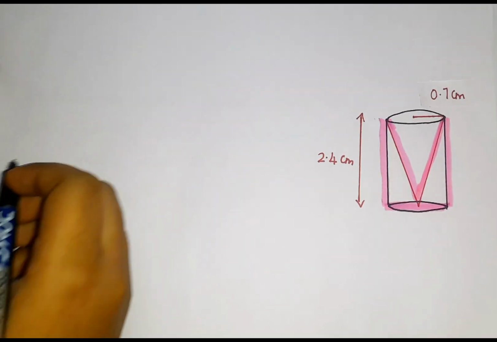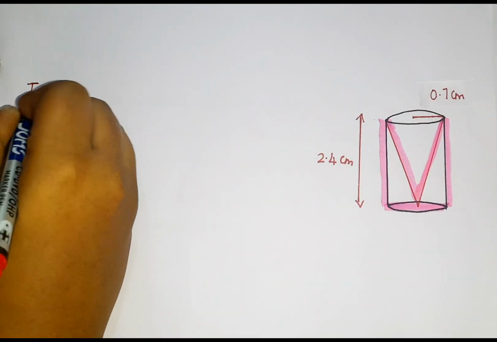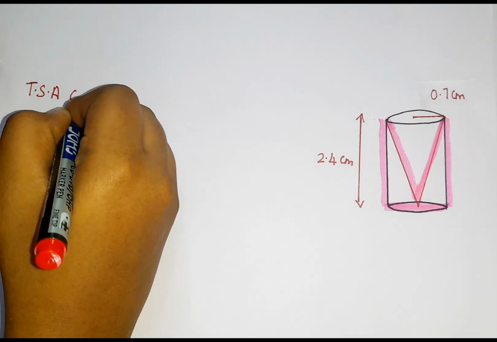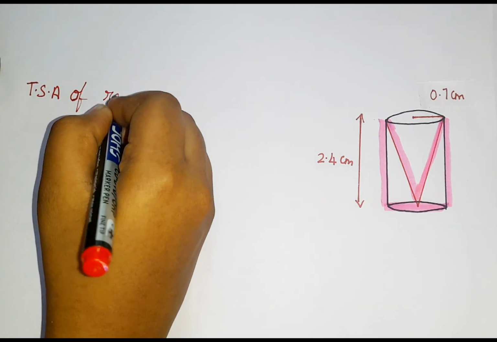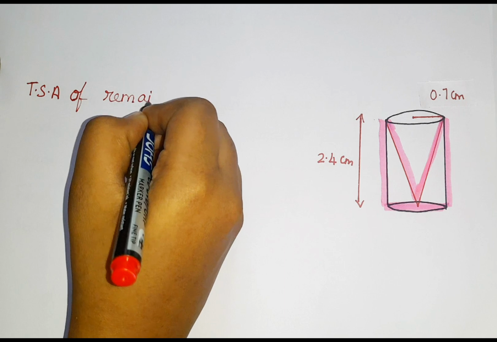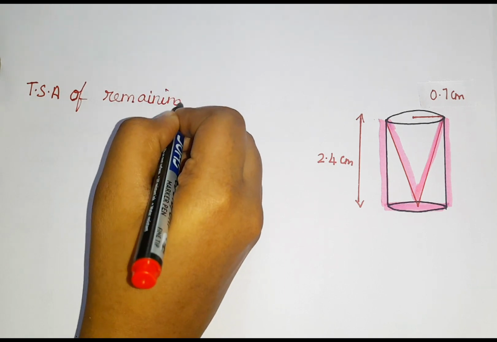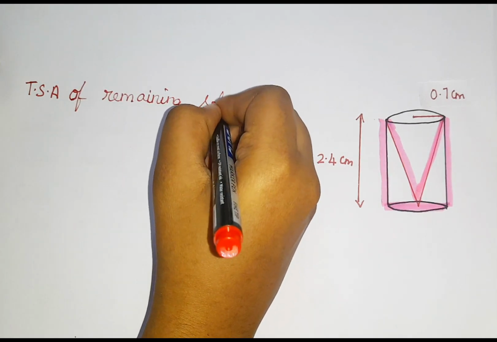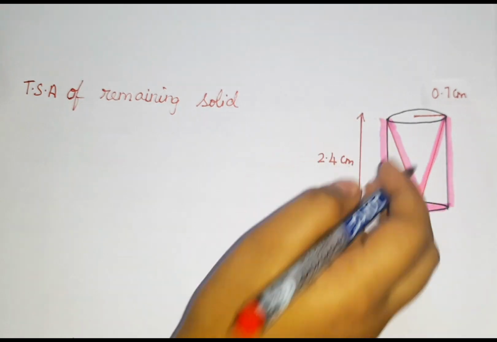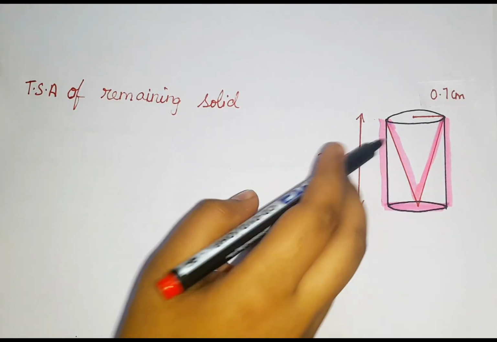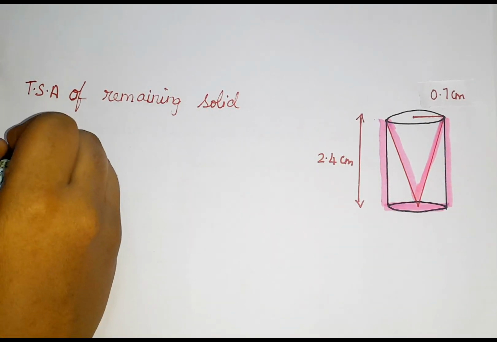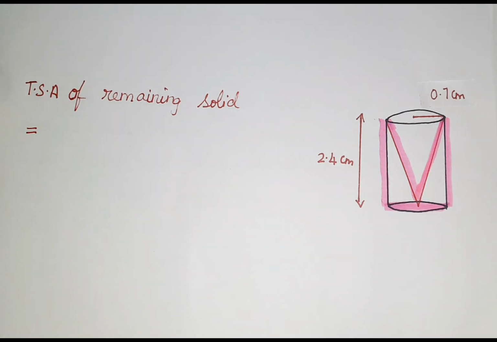So let us write that. Total surface area of remaining solid. So we are supposed to find the total surface area of this solid. For finding that, I told you guys I am going to be using curved surface area.